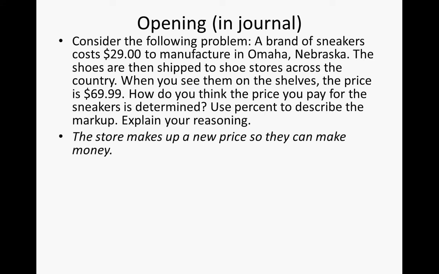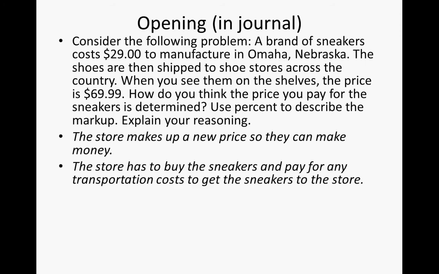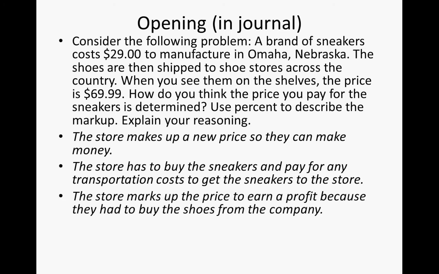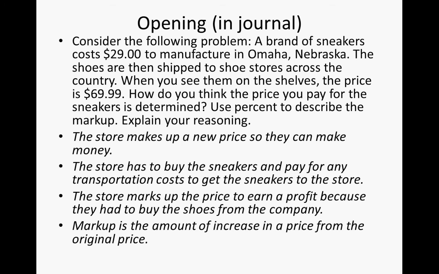So the store makes up a new price so that they can make money. The store has to buy sneakers and pay for any transportation costs to get the sneakers to the store. The store marks up the price to earn a profit because they had to buy the shoes from the company. And the markup is the amount of increase in a price from the original price.